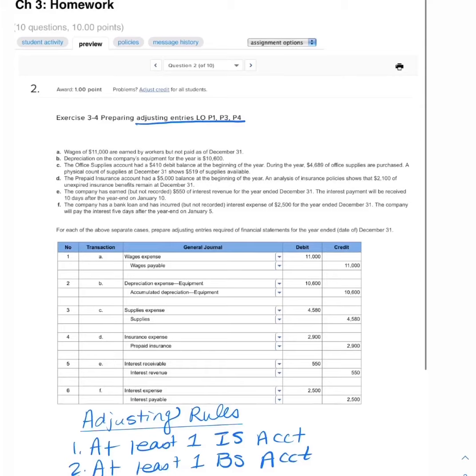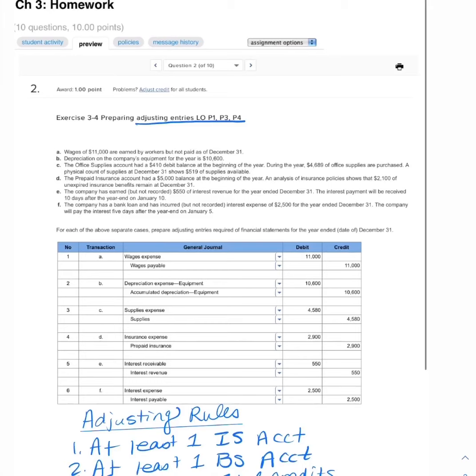The third rule is the same as always, in that total debits must equal total credits. And the fourth rule, no cash. You will never use the cash account in an adjusting entry, because the cash has either been paid or received at a prior date or will be dealt with at another time. So you will not actually see that cash account in any of these entries.